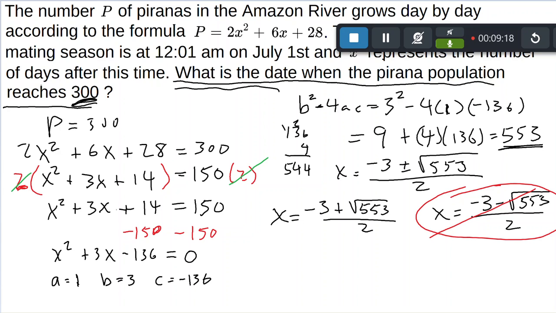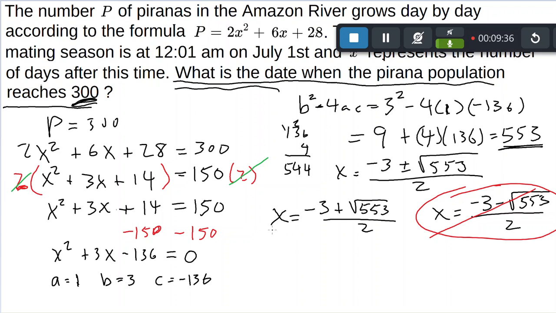There's no mating going on, so the piranhas are just swimming around in the water or whatever. So there's no quadratic model there. So the negative x's are invalid. They're not legitimate answers to this problem.